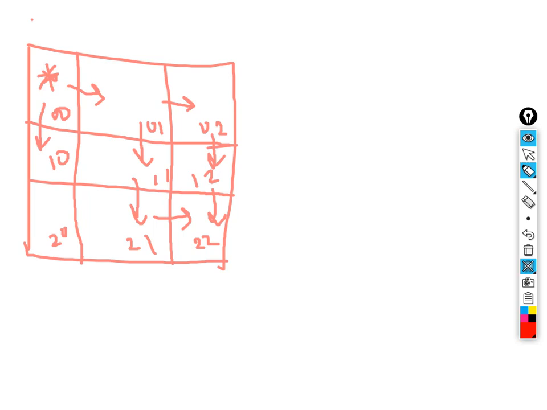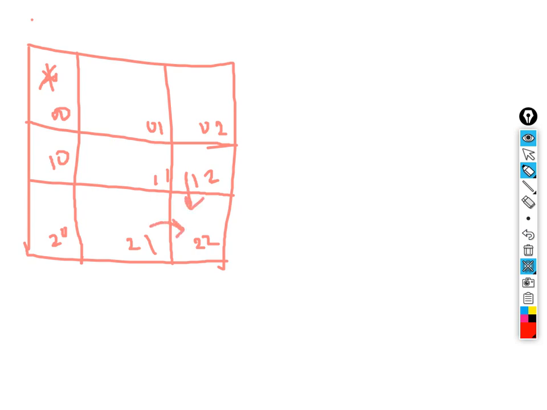Let's say we have reached over here. If I need to solve this problem, I'll think from here, because if we have to reach over here, it is reachable by two ways. Either we can come from here to here, or from here to here.